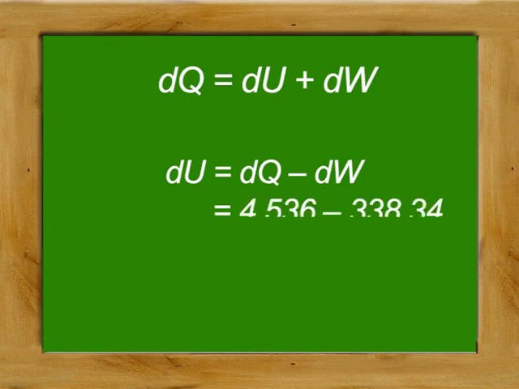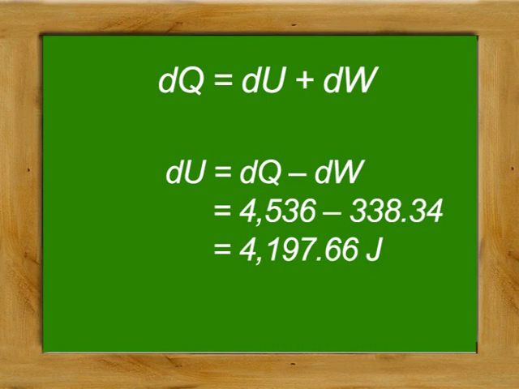That is equal to 4536 minus 338.34. That turns out to be 4197.66 joule. Let's now solve a numerical problem related to specific heat as well.